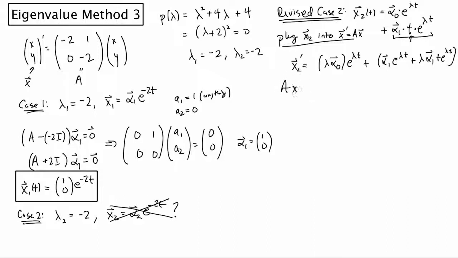Then I need to know what A times x2 is, because these two have to match. If I'm going to plug x2 into this equation, then x2 prime has to match A x2. If I apply the matrix A to the vector x2, that's A applied to alpha naught e to the lambda t, plus A applied to alpha 1 t e to the lambda t.